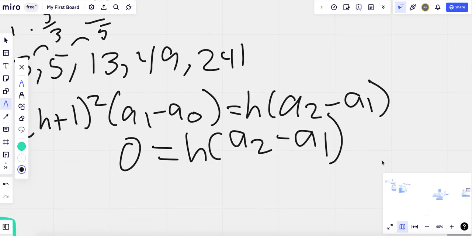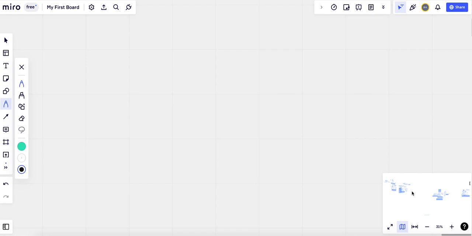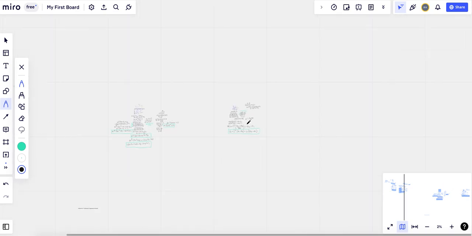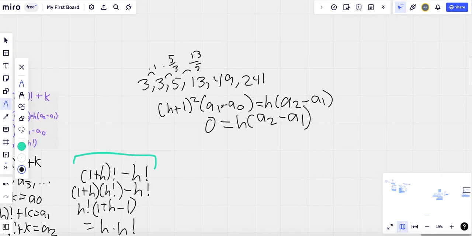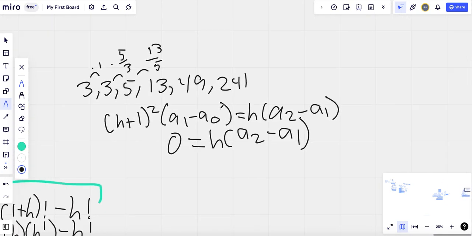Now, here's the interesting thing here. We already know that a2 minus a1 is not 0, right?